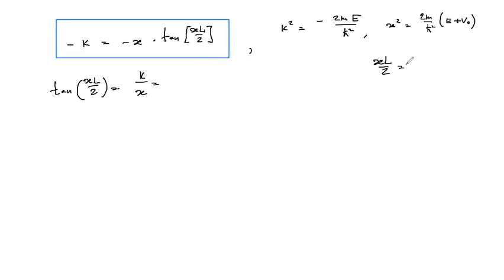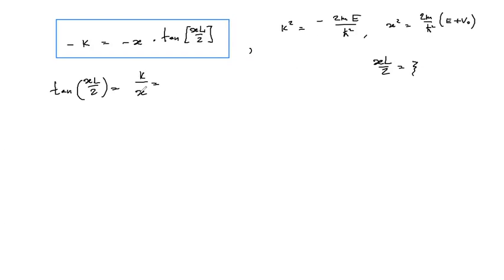Let's give it a name, whatever, some Greek letter. Xi. Xi is hard to write, so you can write something like mu, or whatever. Let's pick Xi, it doesn't matter.